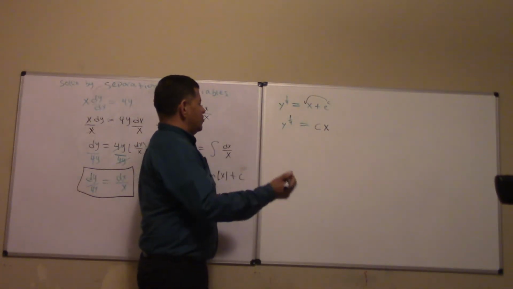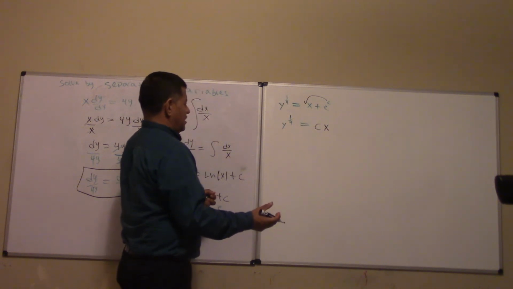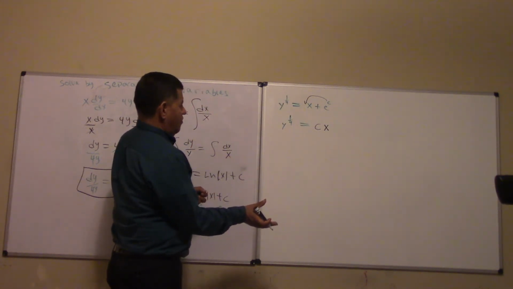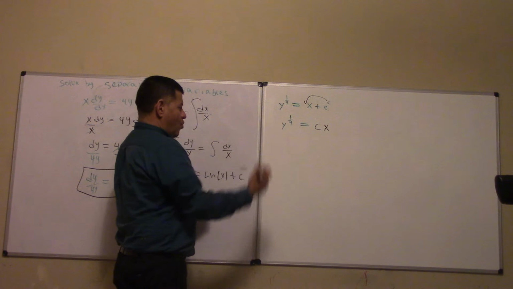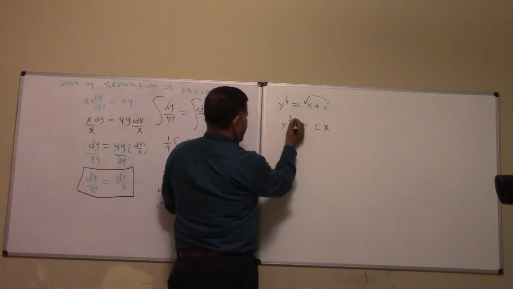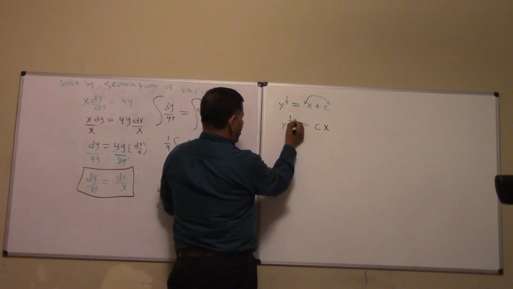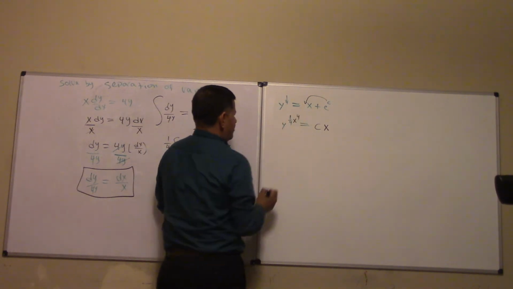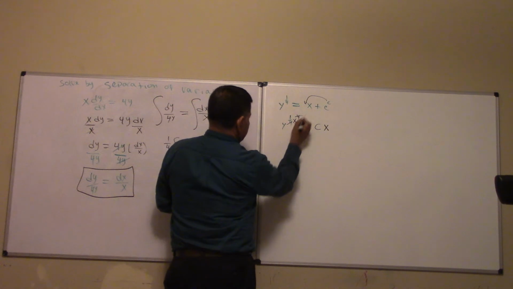So what I can do is multiply by 4th on both sides, right? So by the exponential like this, multiply by 1/4, and that cancels out.